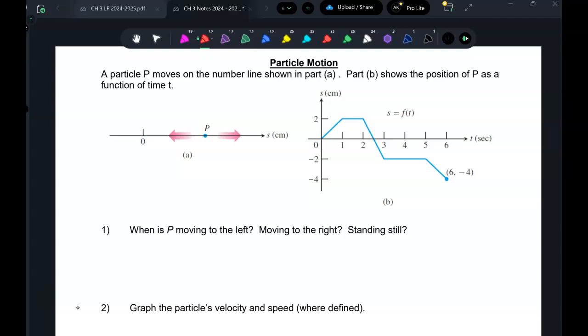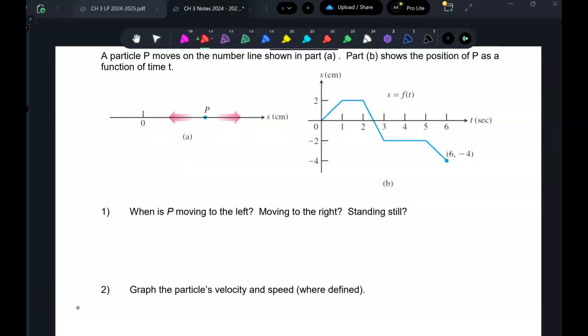If it's standing still, the slope is going to be 0. So we're looking at slope. Standing still is where it's horizontal. Where it's moving to the left, it's going to have a negative slope. So where does it have a negative slope? 2 to 3, 5 to 6. Good.